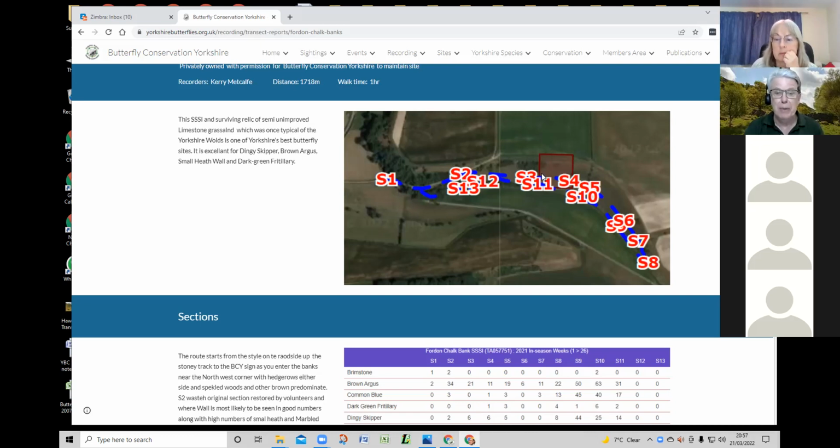As you may be aware, there's kind of 3 different types of Brown Argus to make life more interesting. So we have the Brown Argus that has lived on the Wolds and the Moors for a lot of years, either 1 or 2 generations a year, and its food plant has always been strictly rock rose.